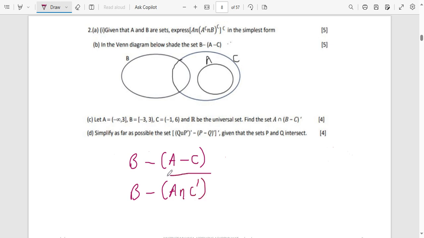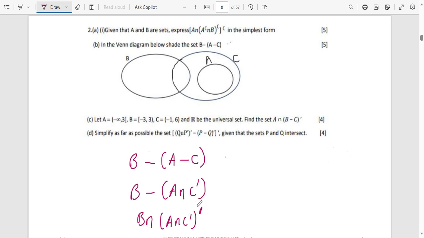Now take the whole of this thing as one thing, and change this minus into an intersection. So it will become B intersection (A intersection C complement) complement, because we change the minus into an intersection complement.